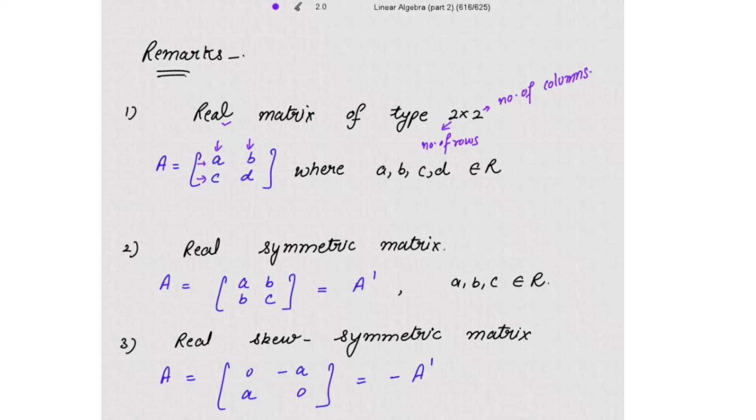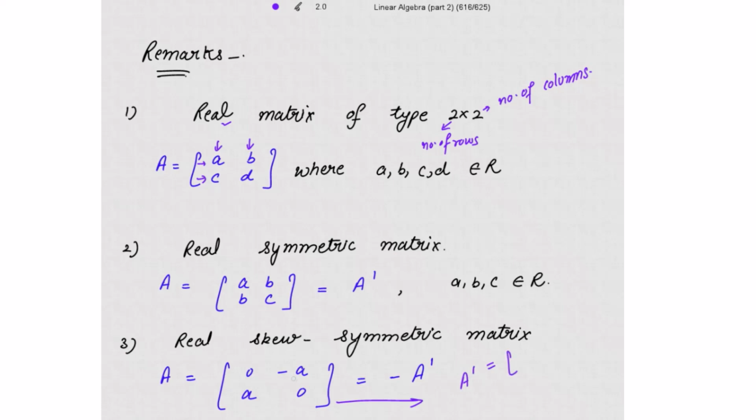Then third is real skew symmetric matrix. In this case, if I take A to be [0, a; -a, 0], and take the transpose of this matrix, then the negative of that transpose will give back A, right? Let's take the transpose of this matrix. How to take the transpose?